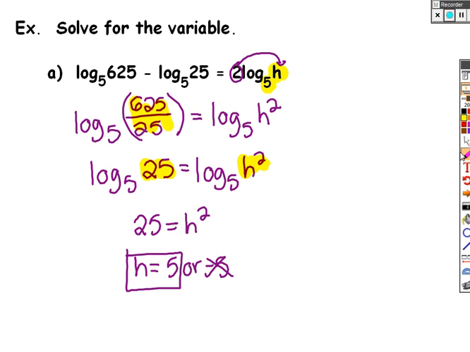Like on the previous one, could I say, well, 5 to the 4th is 625, 5 squared is 25, and say immediately, well, this side is 4 minus 2, or 2, and then solve the equation from here? Sure, so maybe you thought of different approaches, but we should end up with the same answer.